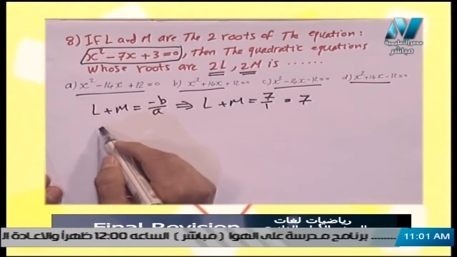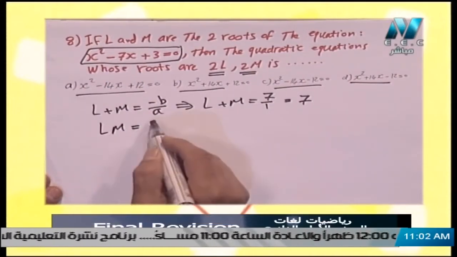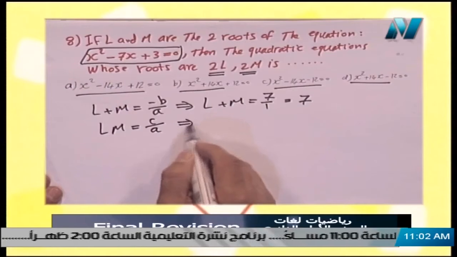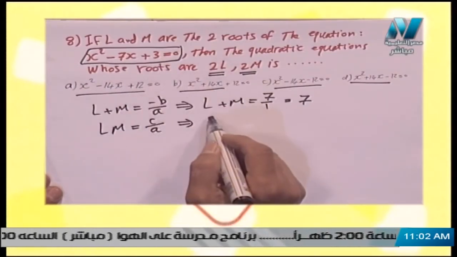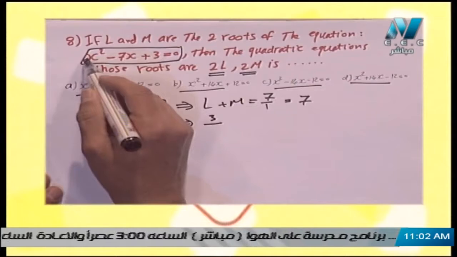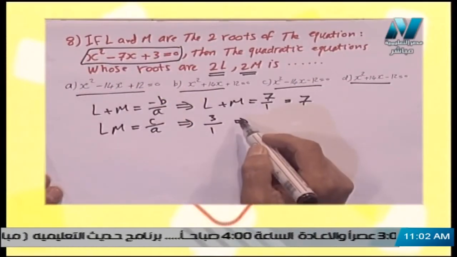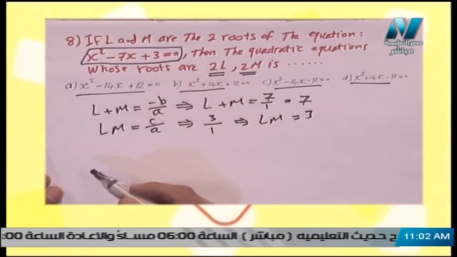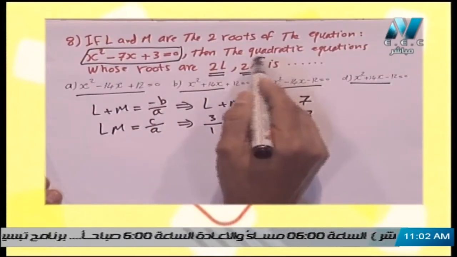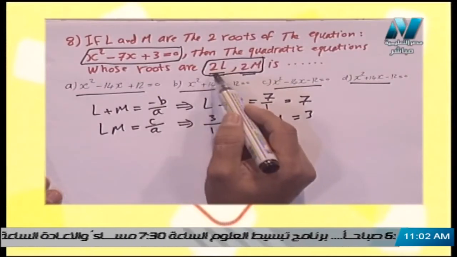And we have the product of the two roots, LM equals C over A. C is 3 over A, which is 1. So LM equals 3.